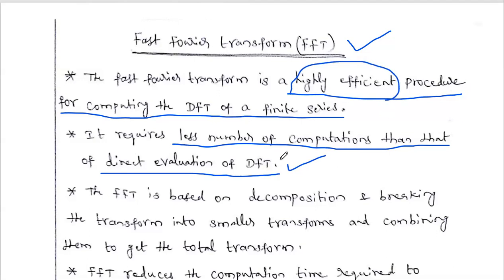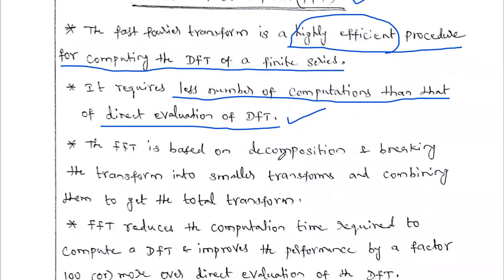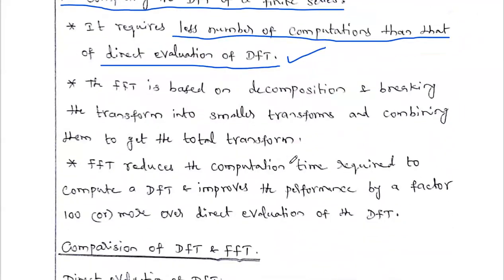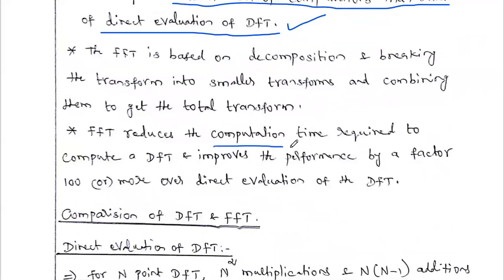That is one thing. Another thing is that if the number of computations, that is additions and multiplications, reduces, then automatically the computation time also reduces in the FFT algorithm. So the FFT reduces the computation time required to compute the DFT.